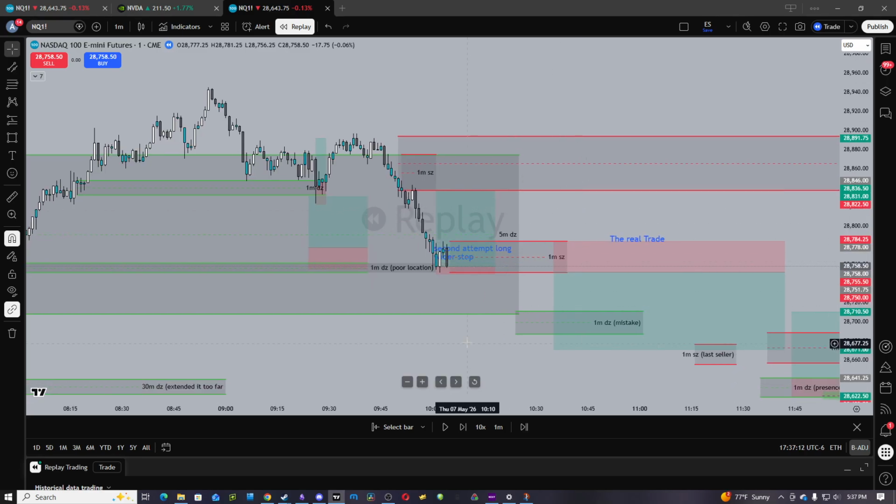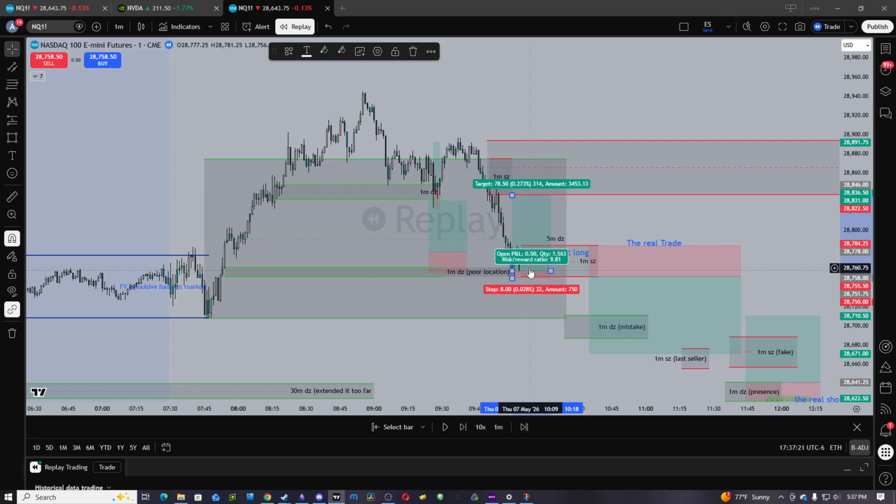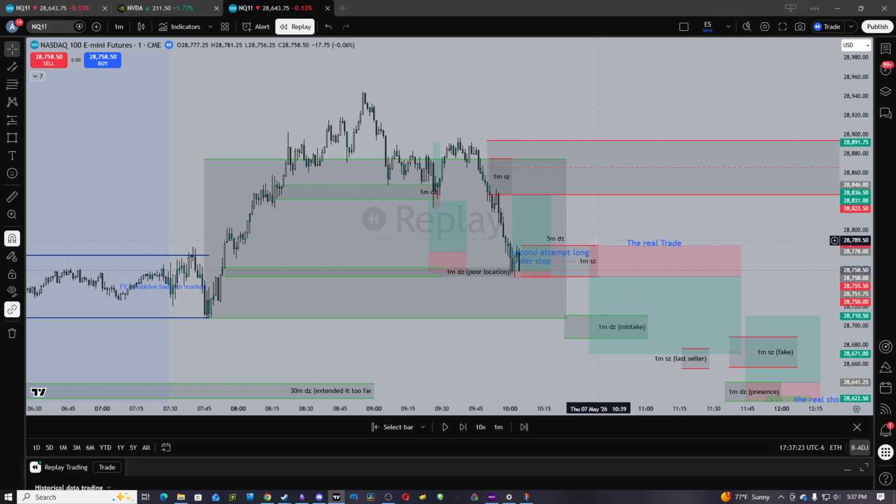You're going to see this was another 1 minute demand zone that I took a trade off of, and initially it worked, right? You gained 20 points, but I was still under the impression that this is going to all-time highs.